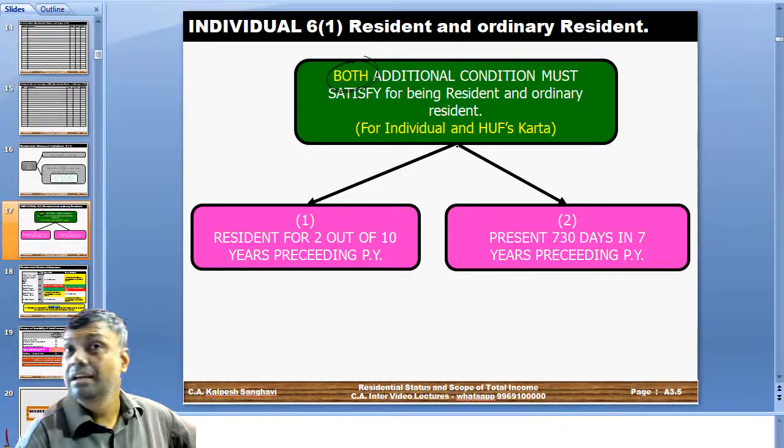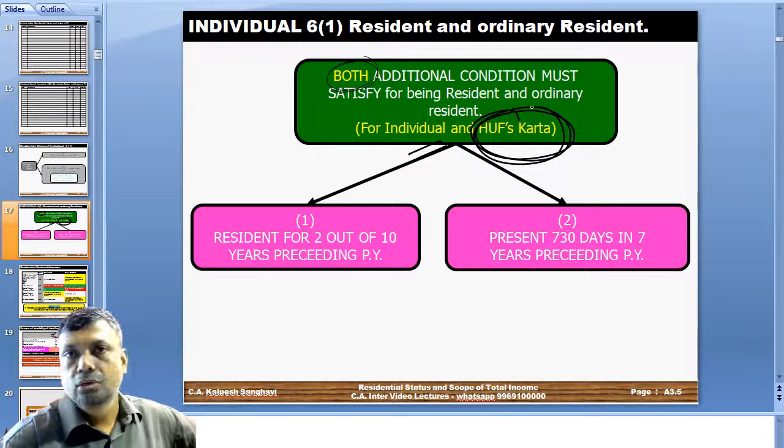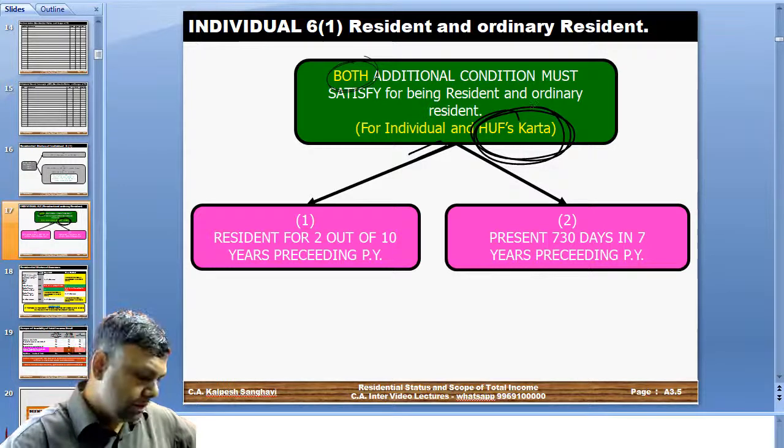I have clearly mentioned that this applies to the individual and the HUF's karta. So these 2 additional conditions are applicable only in these 2 situations. One is individual, other is karta.